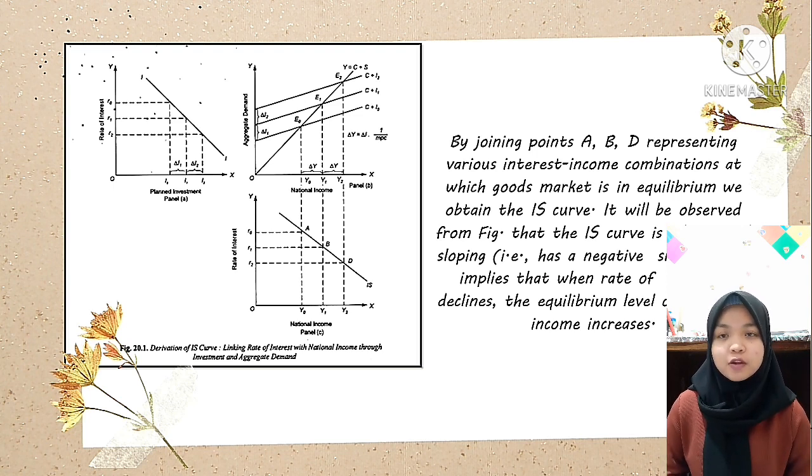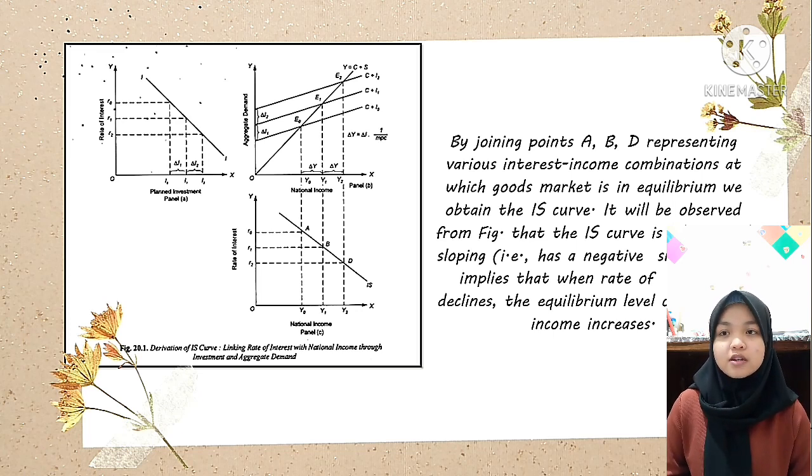The aggregate demand curve is C plus I, which, as will be seen in panel B of the curve, equals aggregate output of OY0, level of national income. Therefore, in panel C, at the bottom of the curve, against rate of interest OR0, level of income equal to OY0 has been plotted.